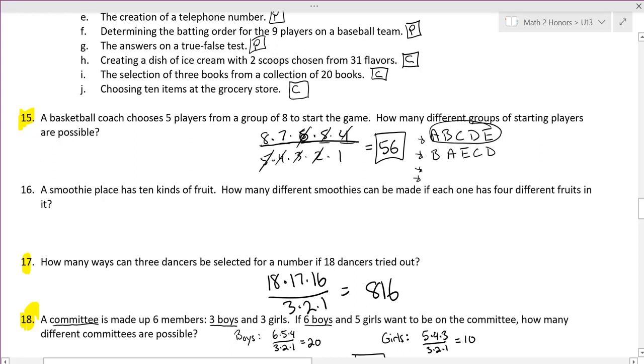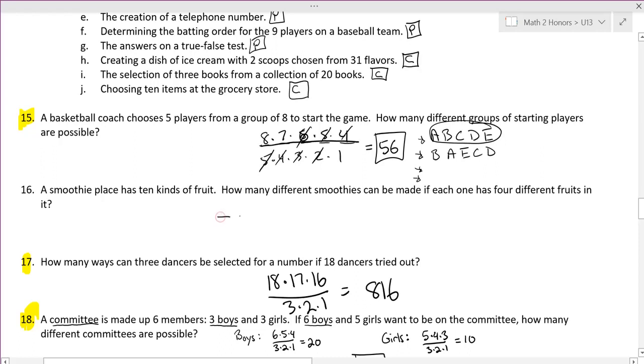16. A smoothie place has 10 kinds of fruit. How many different smoothies can be made if each one has 4 different fruits in it? Okay, so you're going to create a smoothie. You're going to pick 4 fruits.